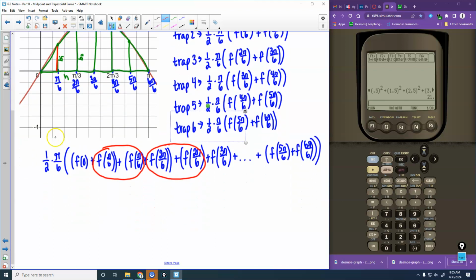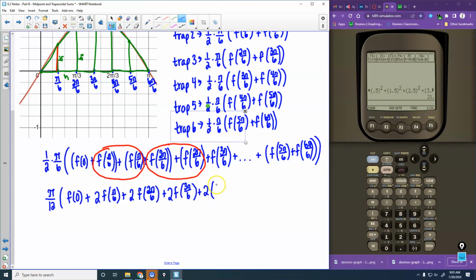So, the quickest way I could type this into the calculator would be to do pi over 12 times f of 0 plus 2 times f of pi over 6 plus 2 times f of 2 pi over 6 plus 2 times f of 3 pi over 6 plus 2 times f of 4 pi over 6, 2 f of 5 pi over 6 and f of 6 pi over 6.